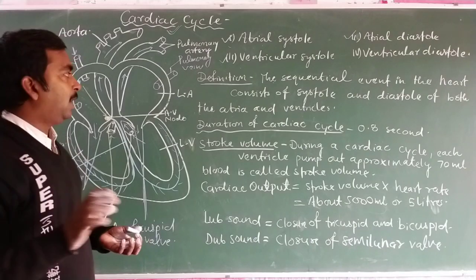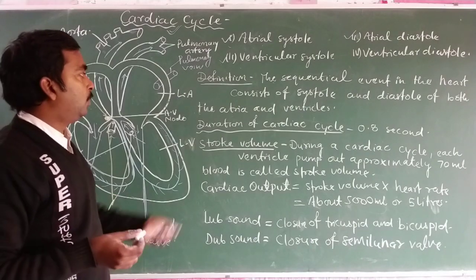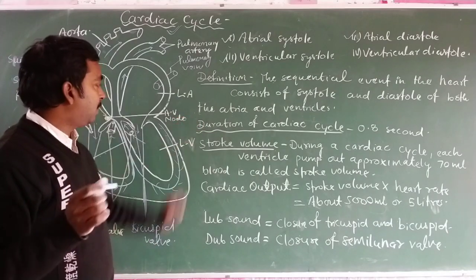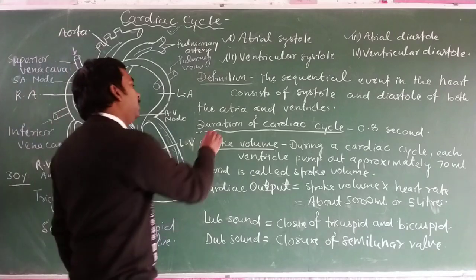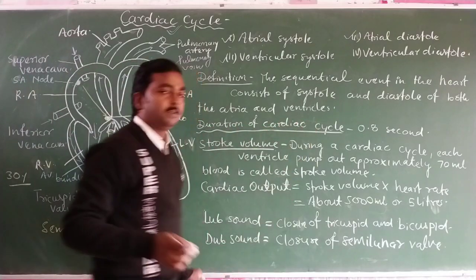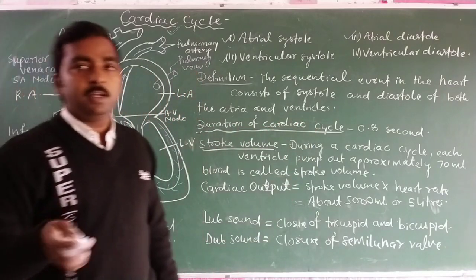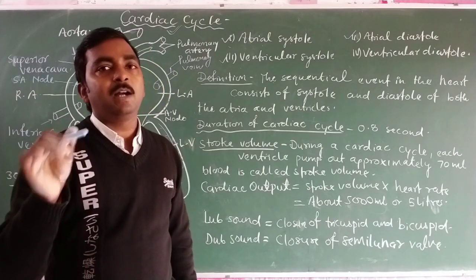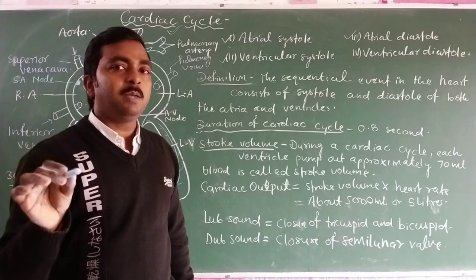Now, related to the cardiac cycle, we will also understand some related topics. The first topic is the duration of the cardiac cycle. As we discussed in the previous video lecture, the rate of heartbeat is 72 times per minute.